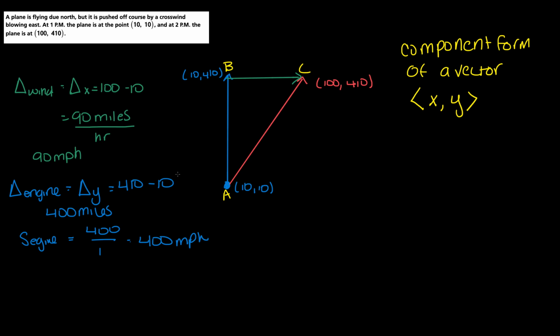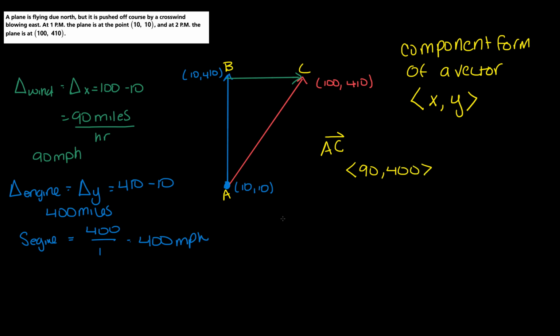If I'm looking at the vector A to C, I'd write it with a little half arrow, and this represents a horizontal change of 90 miles and a vertical change of 400. So I would write this as 90, 400.